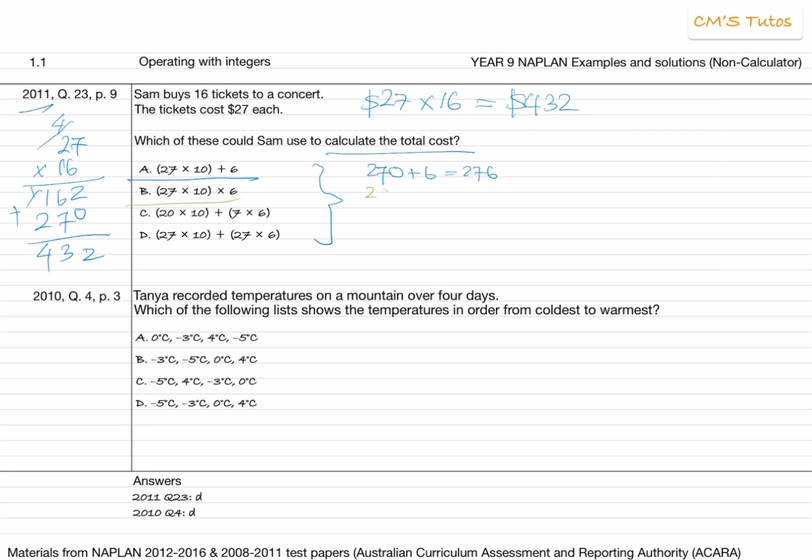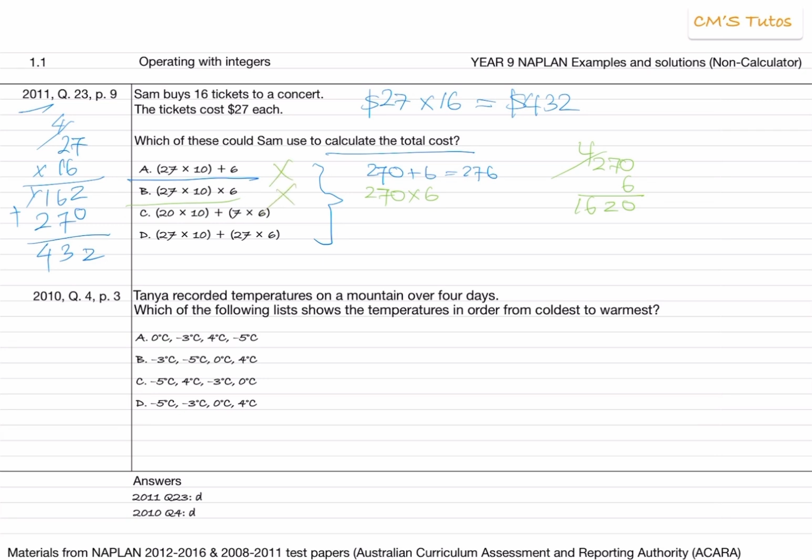This time, 270 multiplied by 6. You can do it like this. Still is not giving you the answer.